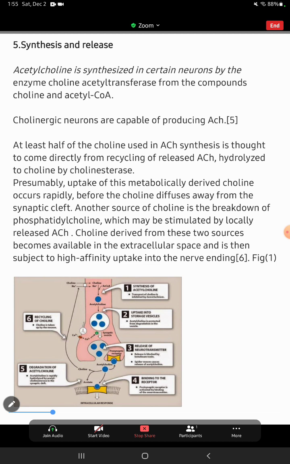Another source of choline is the breakdown of phosphatidylcholine, which may be stimulated by locally released ACh. Choline derived from these two sources becomes available in the extracellular space and is then subjected to high affinity uptake into the nerve ending.